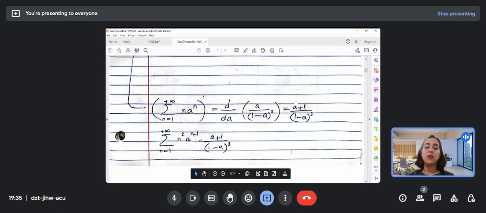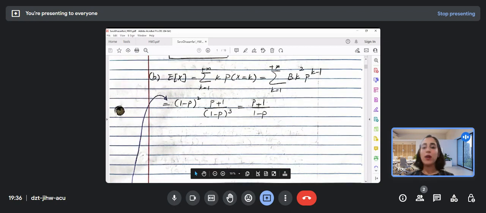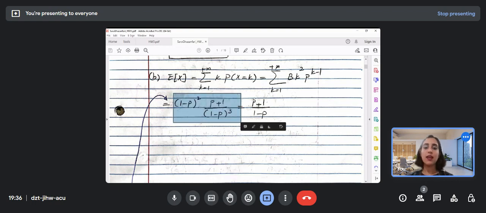We take the derivative of both sides, and then we get to this formula, which is exactly what we need. So again, we substitute this formula, and then we can calculate our answer.